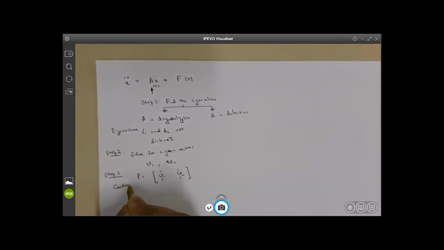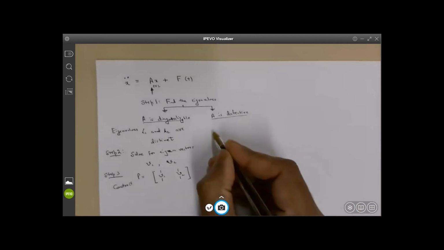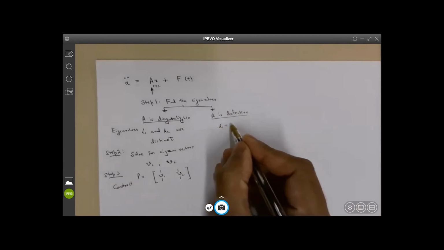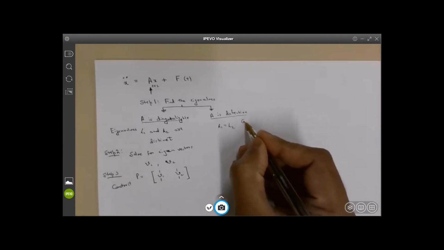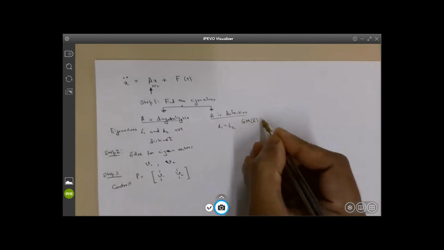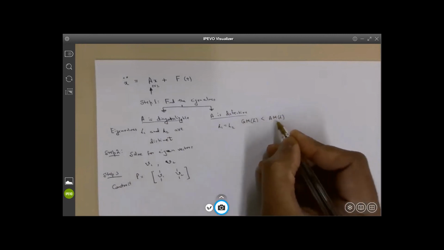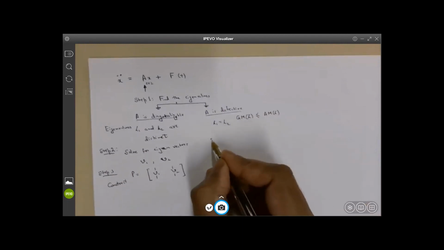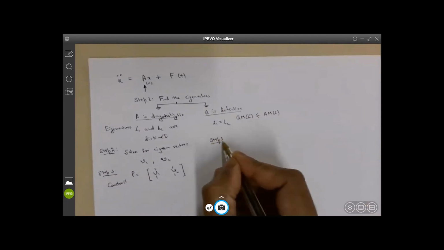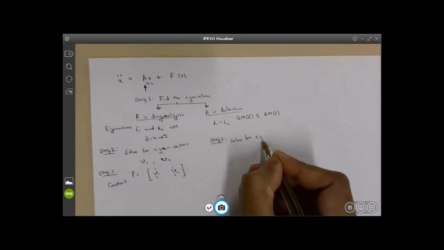Construct P. If A is defective, then I know lambda1 will be equal to lambda2, because the geometric multiplicity of lambda is less than or equal to the algebraic multiplicity. If it is less than, then we solve for the eigenvectors, just like we have been doing so far.